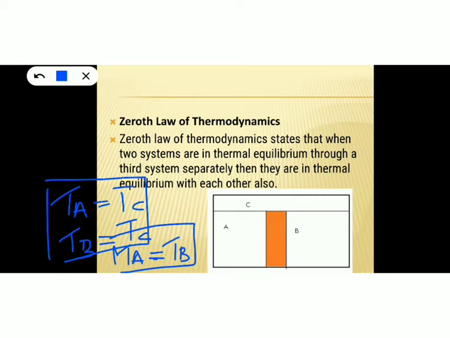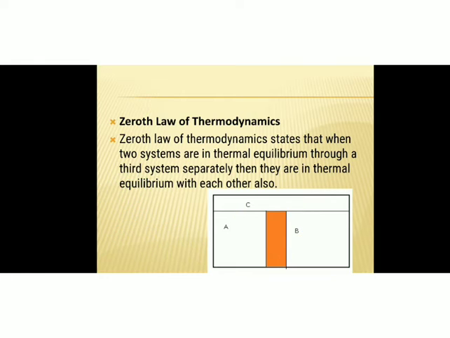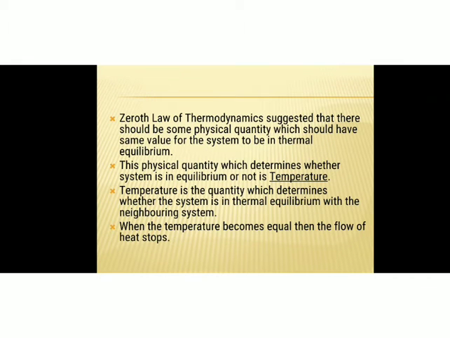So if two systems are in thermal equilibrium with a third system separately, then these two systems will be in thermal equilibrium with each other. This is the zeroth law. The zeroth law of thermodynamics suggests that there should be some physical quantity which has the same value for systems to be in thermal equilibrium.